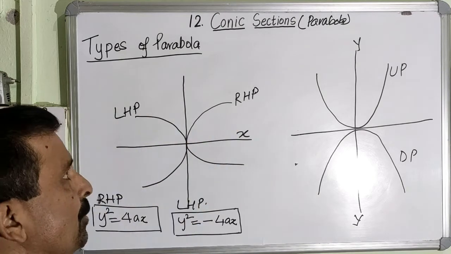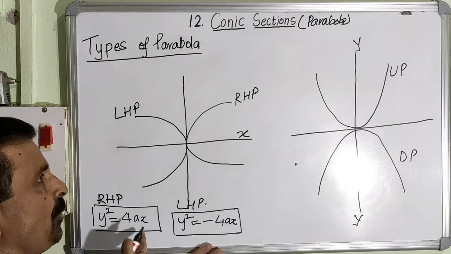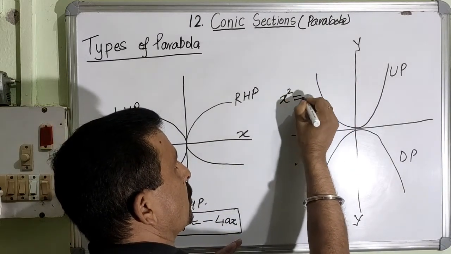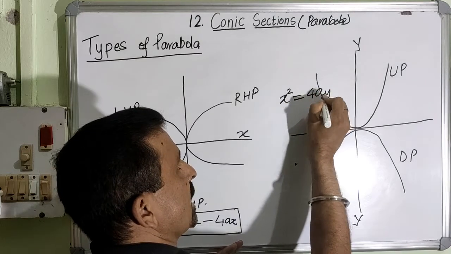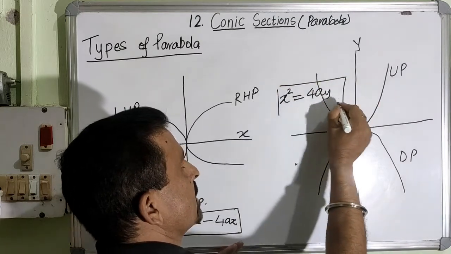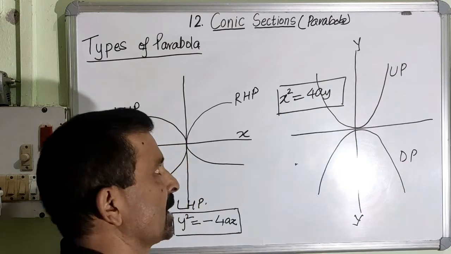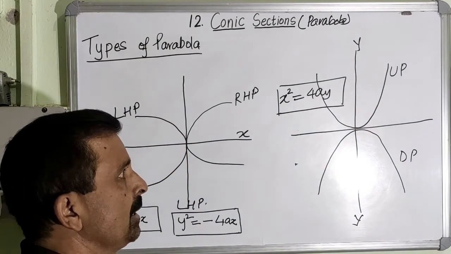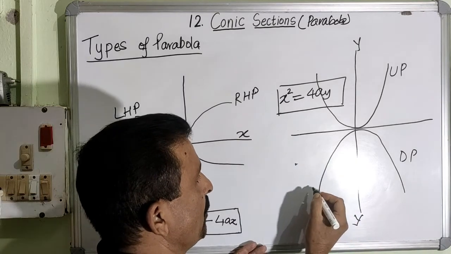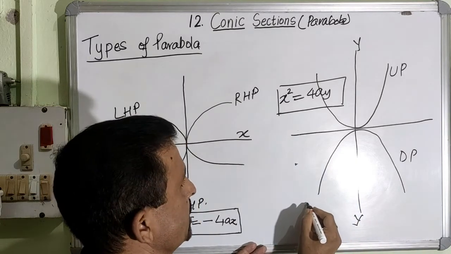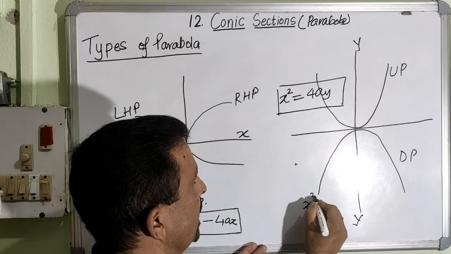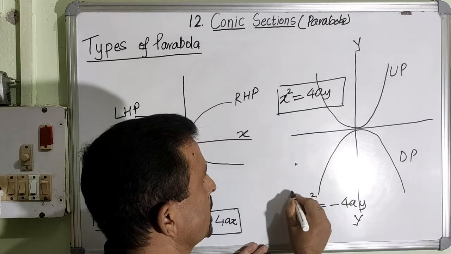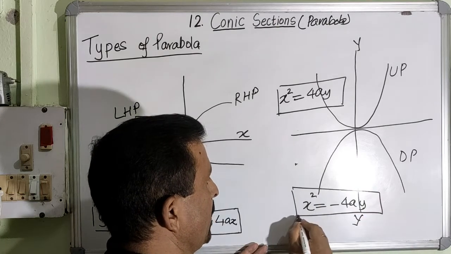So for the upward parabola, in place of y square equal to 4ax, the equation will become x square is equal to 4ay. Rest everything will be the same. This x will take the position of y and y will take the position of x. This will become the equation of the upward parabola. Likewise, for the downward parabola, we will have the equation x square is equal to minus 4ay.